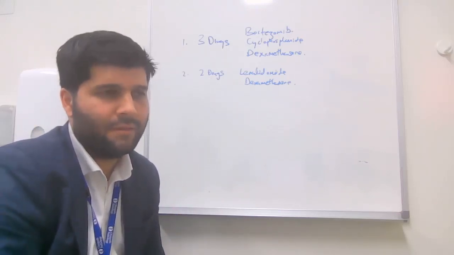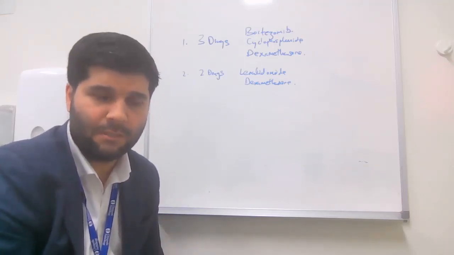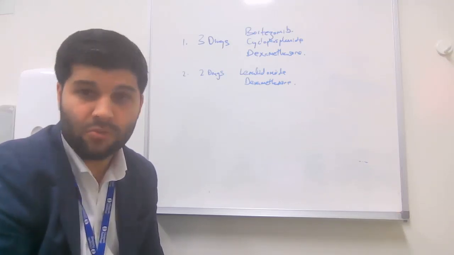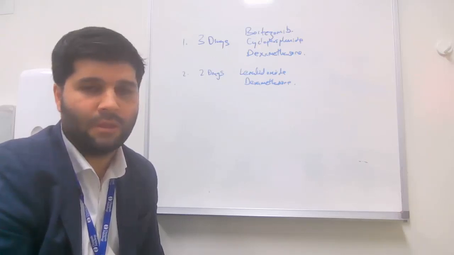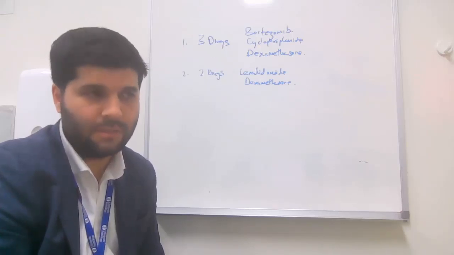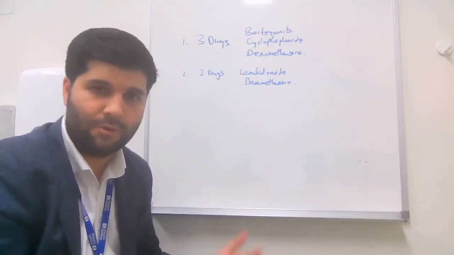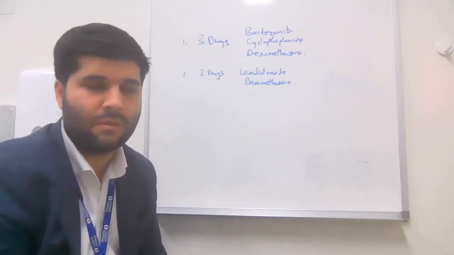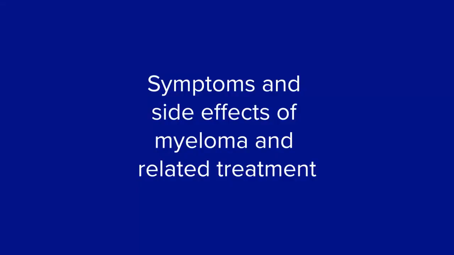So I think the key thing is that treatment for multiple myeloma has improved significantly and continues to improve. And one of the things that you can expect is that you may have a treatment that works for a period of time, and when it stops working, you may have to try something else. And there are a number of different medications we can try and put the myeloma back into remission.